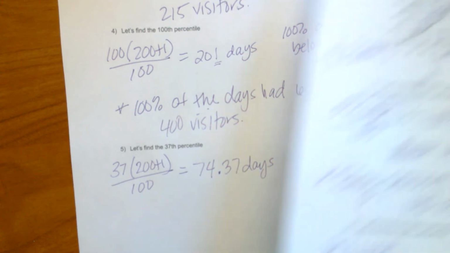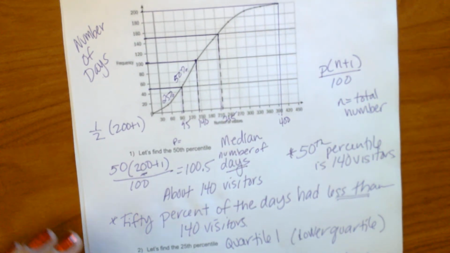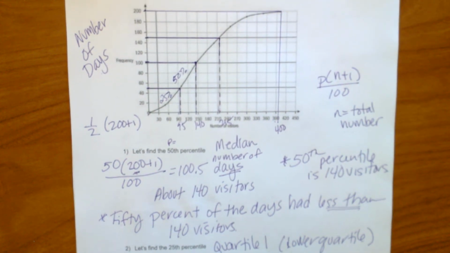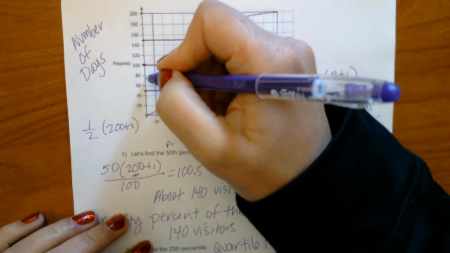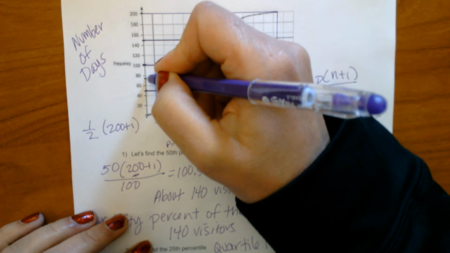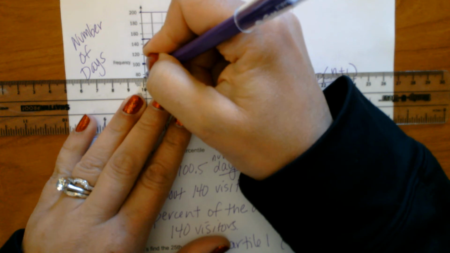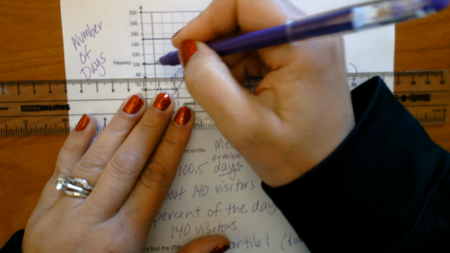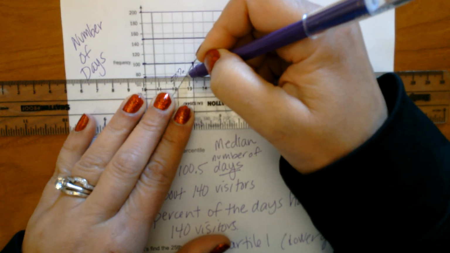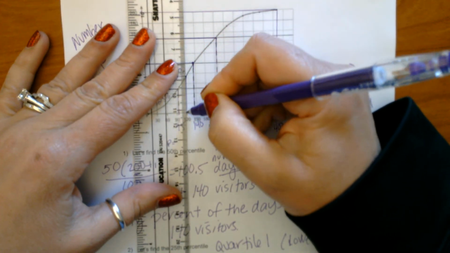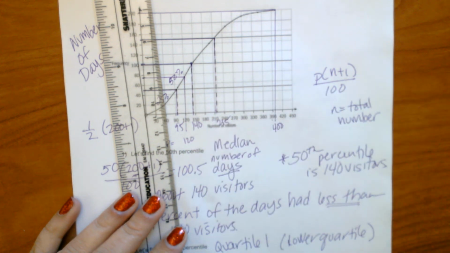Let's go to our graph. And remember, we're looking up the number of days here. So what number we're going to go to again? That's right, 74.37. So let's go. So up to 74.3. I'm thinking it's probably going to be about there. So this is 80 right here, everybody. This is 80. So I'm just going to go over. Oh, that works out nicely. Look at that. Let's go all the way down, and we land on 120.